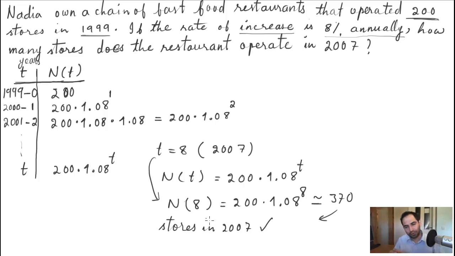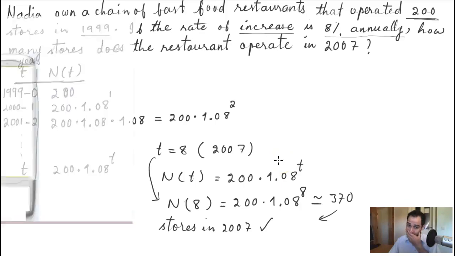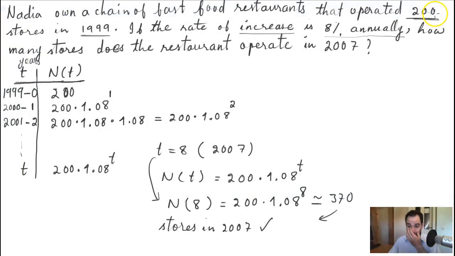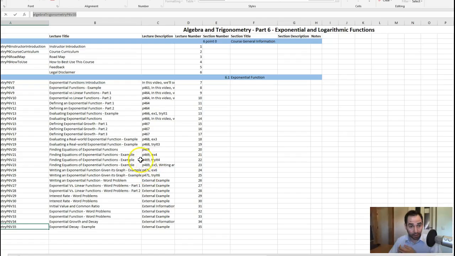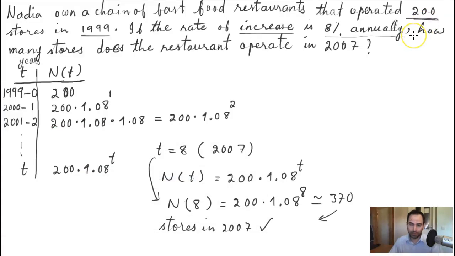In the course description, I have written external information and external example. External example and external information mean that they are not dealt with in the book, but you can skip them anytime you want if you think you don't need them.